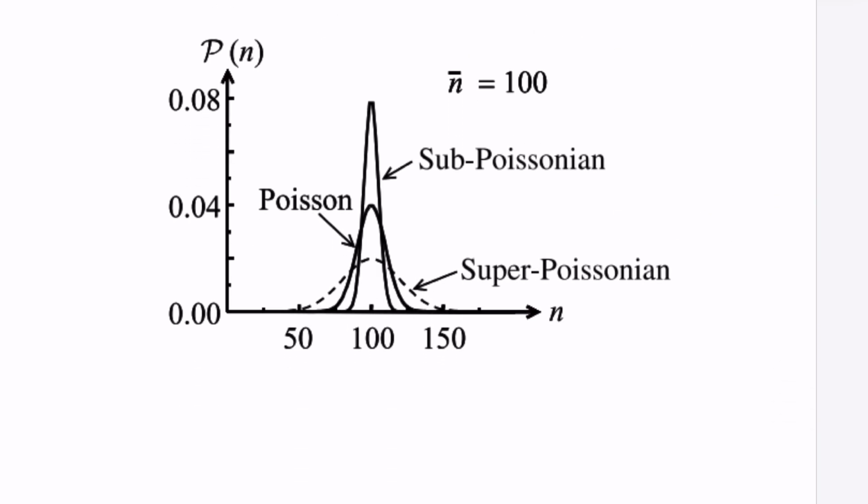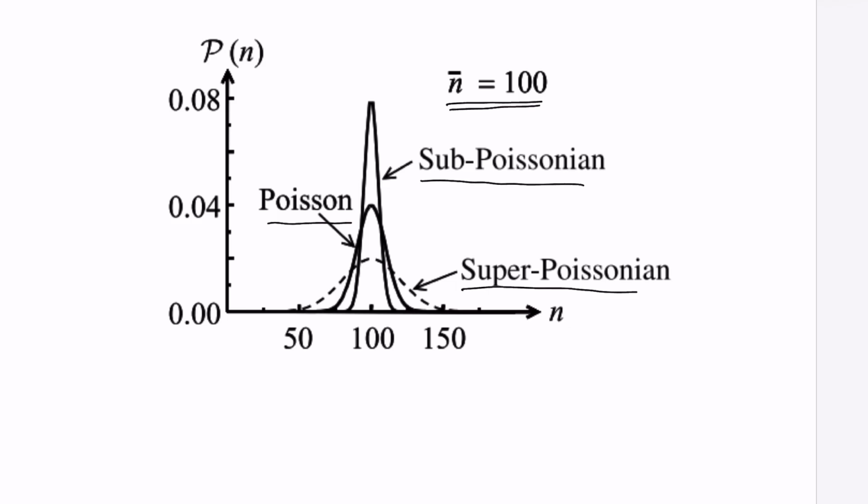Here you see a plot of the probability of finding n photons within a beam of light, and the statistics are compared for lights having the same mean photon number, here taken to be 100. As you can see, the distribution for the super-Poissonian is broader than that of the Poissonian statistics, and that of the sub-Poissonian one is narrower than the Poissonian one.